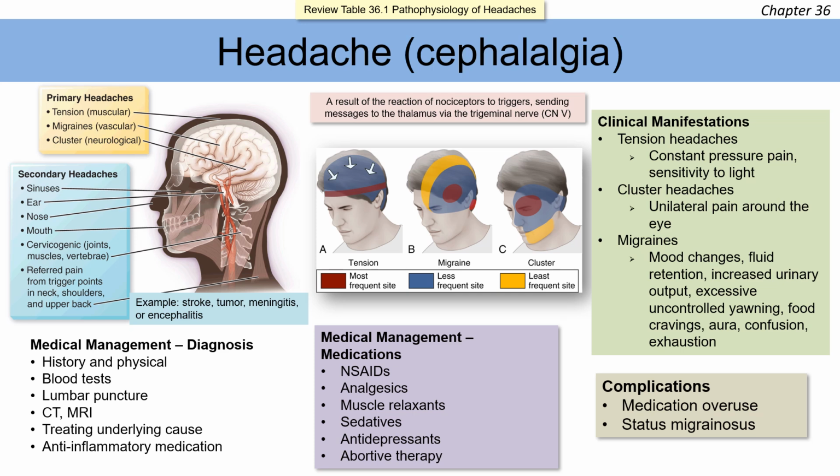Right before the migraine, some patients will experience an aura. An aura can be flashing lights, muscle weakness, a certain smell, a certain taste. Every patient may have their own aura or no aura at all. After that, we consider the headache phase, where the pain will start gradually and slowly build in intensity.